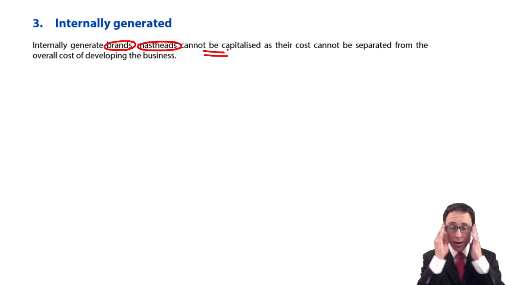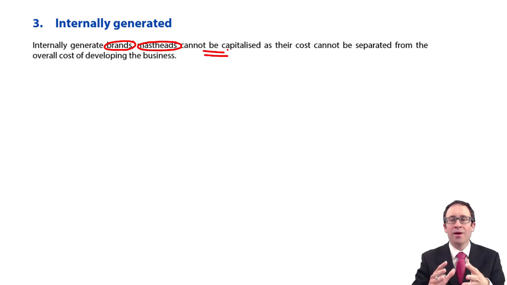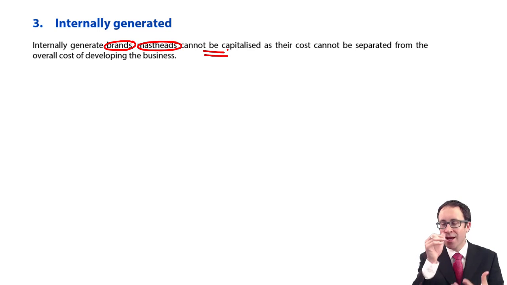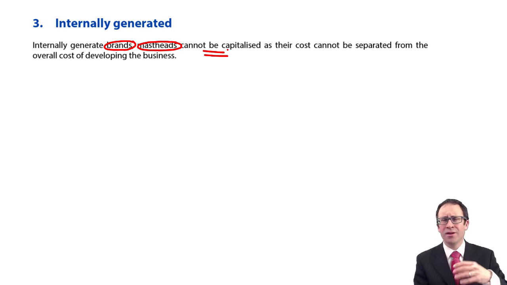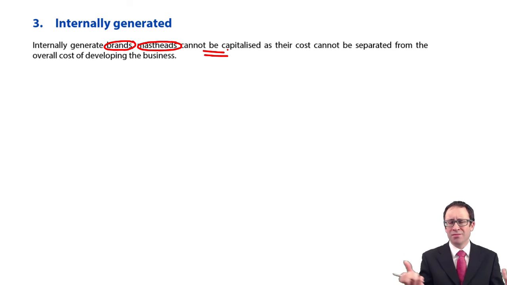If you're spending money on a brand or a masthead, yes, you can measure the cost reliably on the expenditure that you are currently incurring. So you think, well, it's on an intangible, so therefore I'll capitalize it.